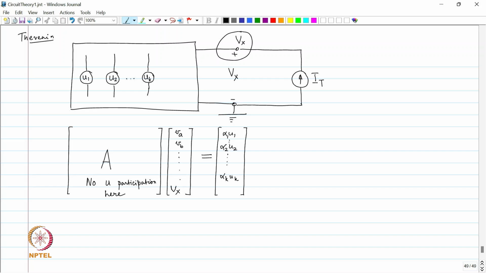So, in the last row IT you will have a minus IT on the left hand side. So, in the right hand side you will have IT. Fine. So far so good.